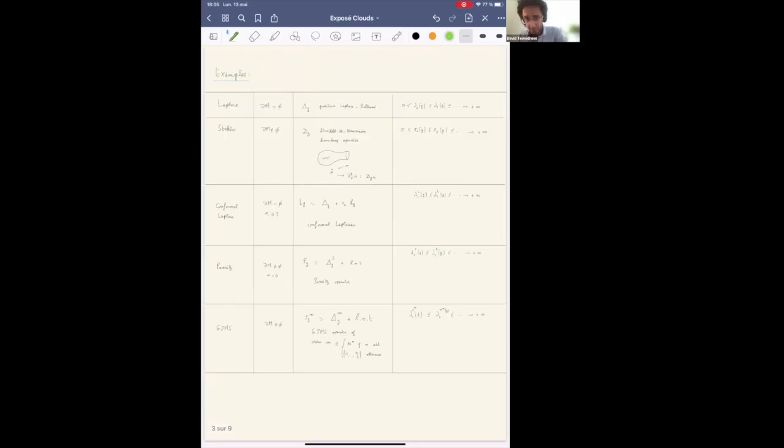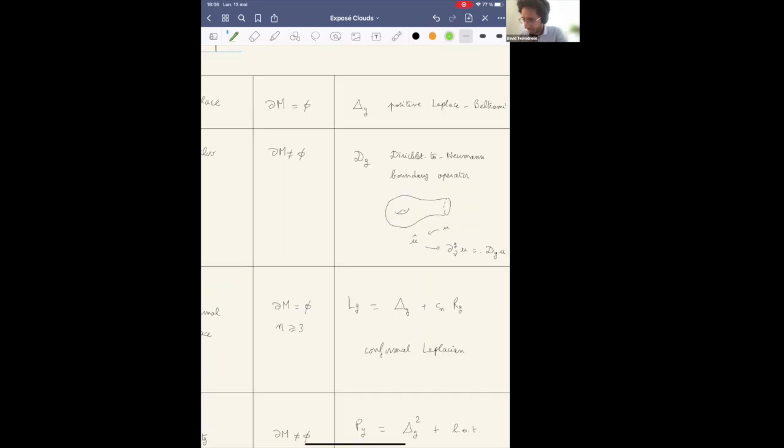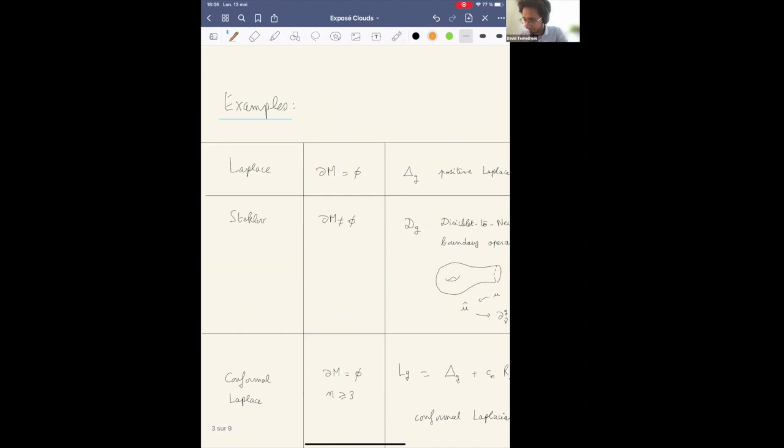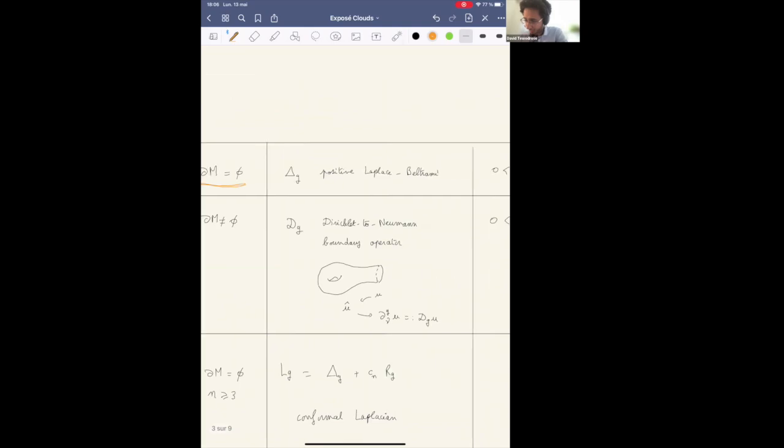Now I'd like to give you some examples of spectra that we are interested in with Romain. The first one is the Laplace spectrum. For this Laplace spectrum, we assume that the manifold has an empty boundary. The Laplace spectrum is the spectrum of the positive Laplacian, so we take the convention of the positive operator.